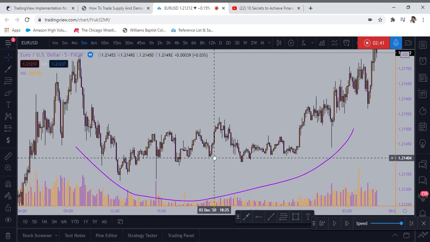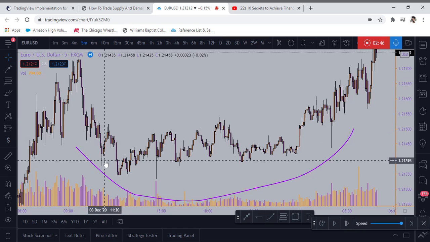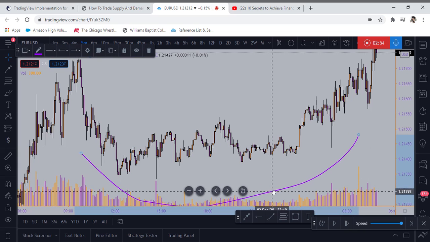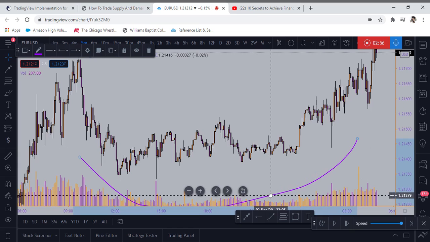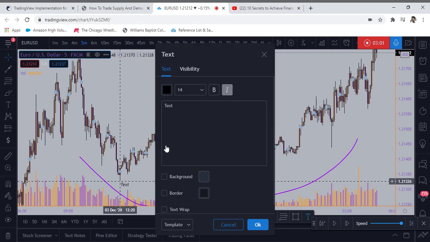So this is the 5 minute. You got your good little downtrend or whatever. Me, I would have put the selling climax right here. Hold up, move that down a little bit. My selling climax.